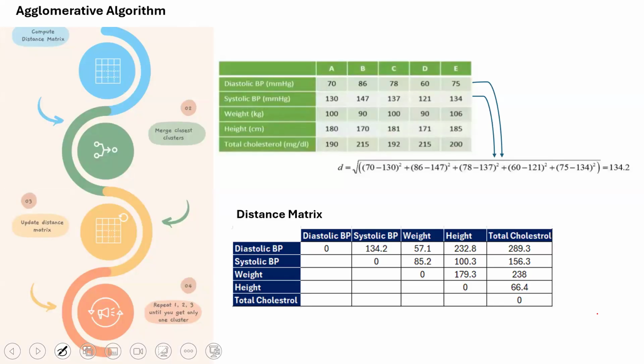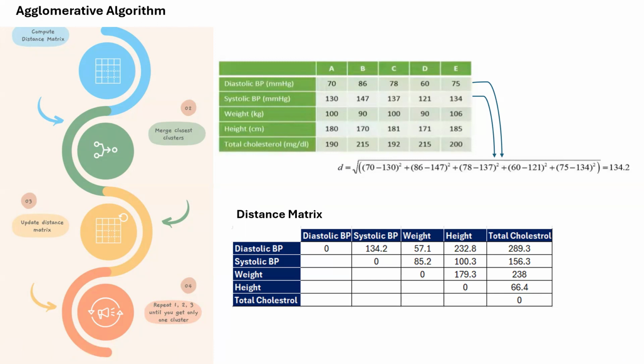Now let me show you a numerical example of agglomerative clustering. How does agglomerative clustering technically happen? Now you all know what happens in agglomerative clustering: you combine the points which are close to each other.